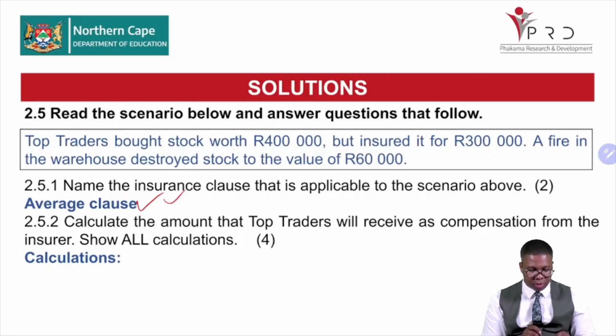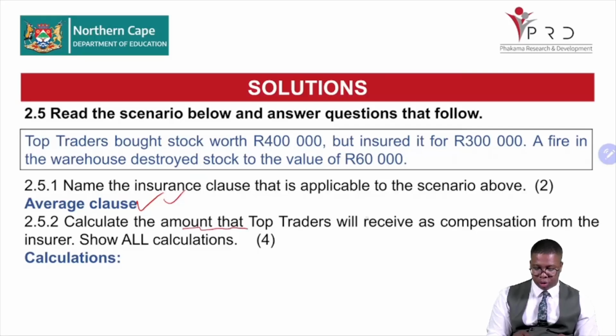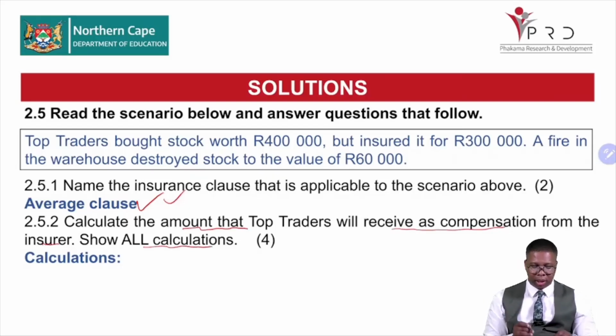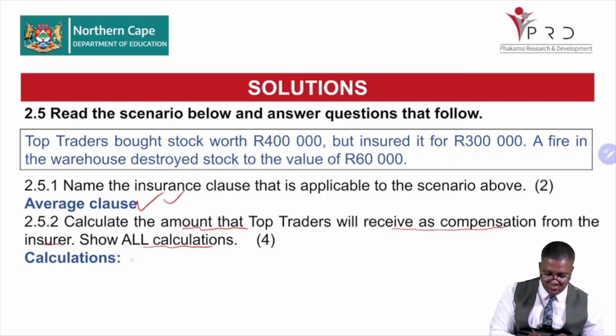Then we look into 2.5.2, which says calculate the amount that Top Trader will receive as compensation from the insurer and show all the calculations for 4 marks. What is important here is to start by knowing your formula.